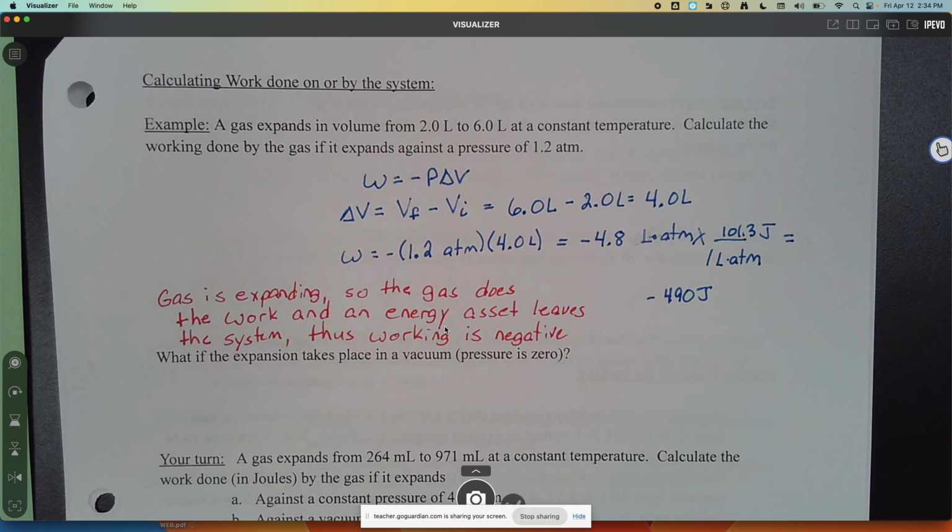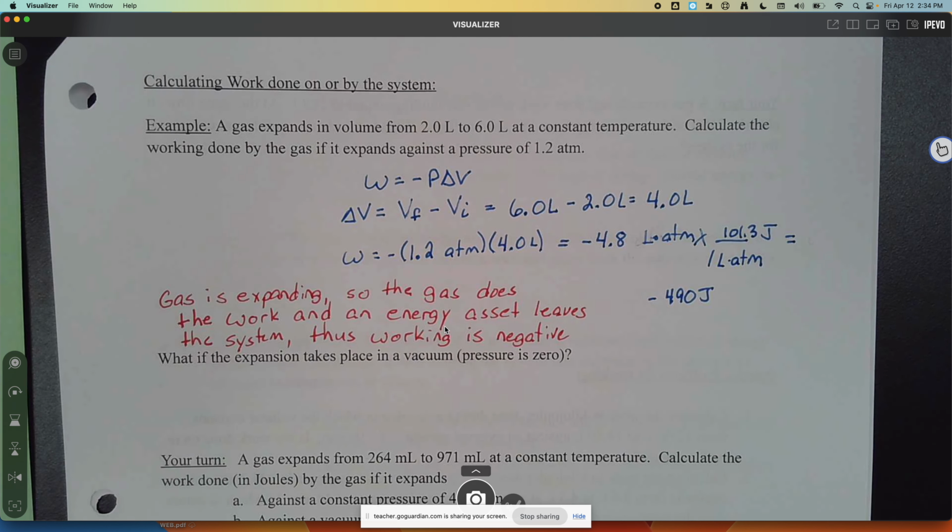It costs energy in order to expand. That's what we are learning from this entire experience. Expansion is not free. Expansion involves the expenditure of energy to get the atmosphere out of your way.